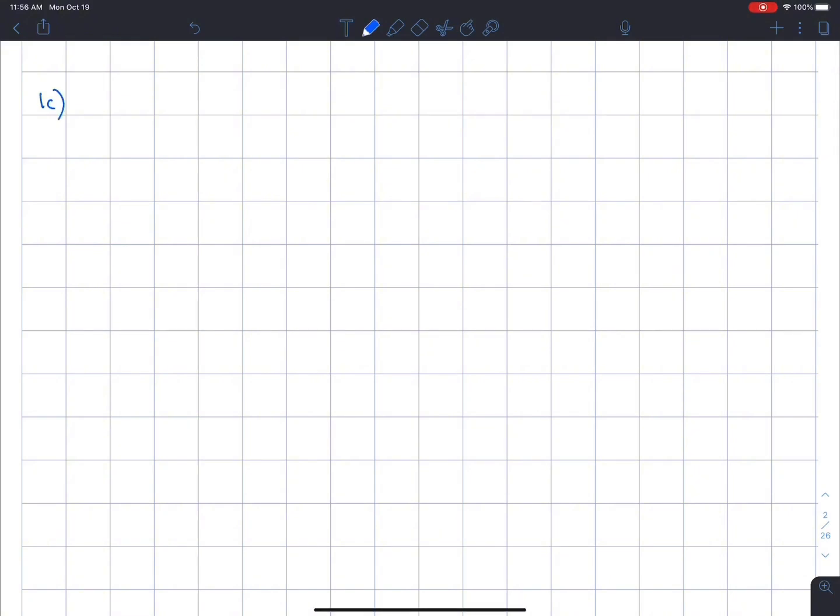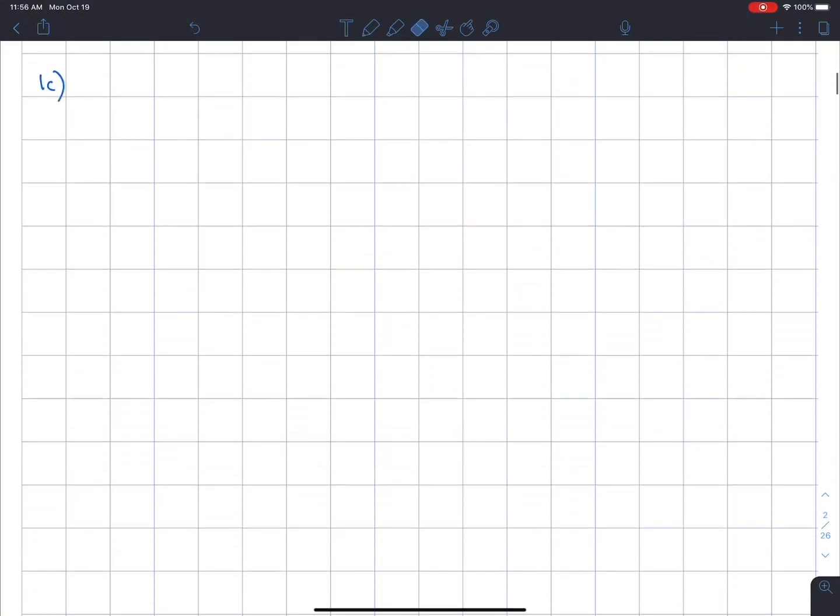Let's see. 7 and 1/3 divided by 2 and 1/2. 7 times 3 is 21 plus 1 is 22 over 3. Divided by 2 times 2 is 4 plus 1 is 5.